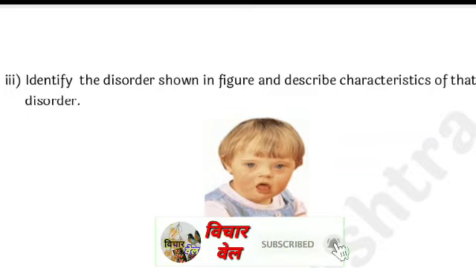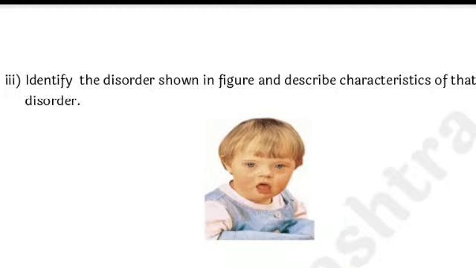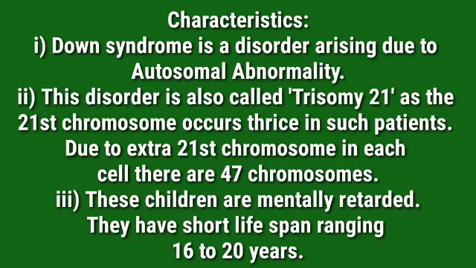Third question is, identify the disorder shown in the figure and describe the characteristics of that disorder. In this question they have given us a girl with a disorder. So the name of this disorder is Down syndrome. Let us see its characteristics. First, Down syndrome is a disorder arising due to autosomal abnormality.